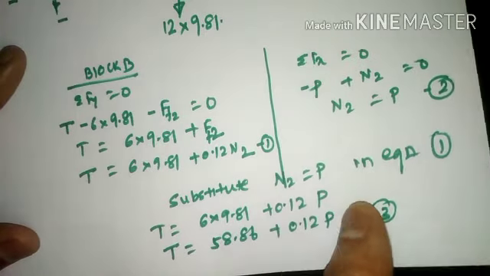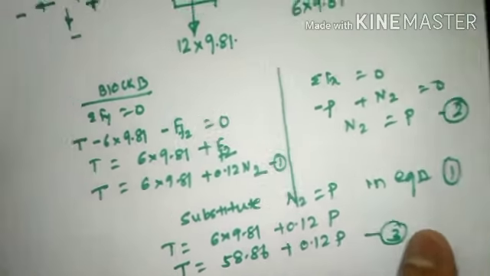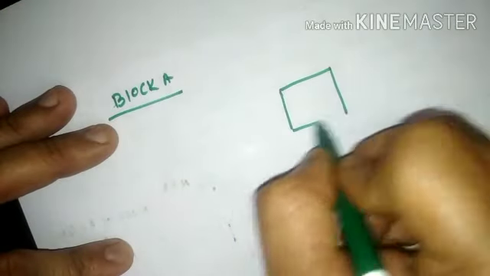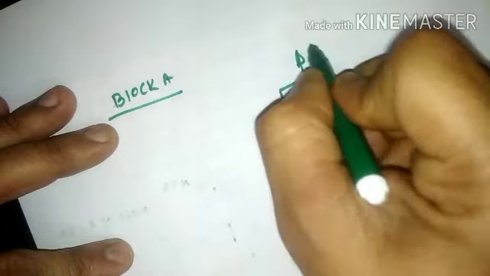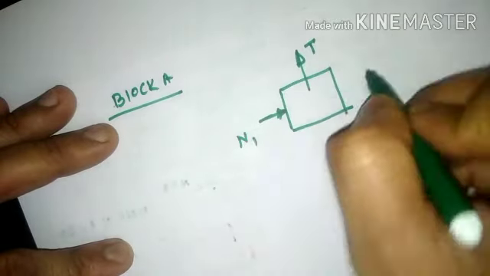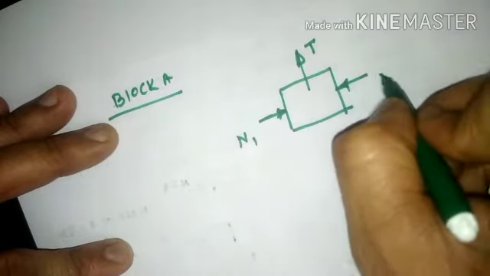Further, this will be required to find out the value of P now. Next we consider block A. So we shall redraw the free body diagram of block A. Block A free body diagram was drawn in this particular fashion, wherein T was subjected in the upward direction, N1 was towards the right hand side, N2 was towards the left hand side.